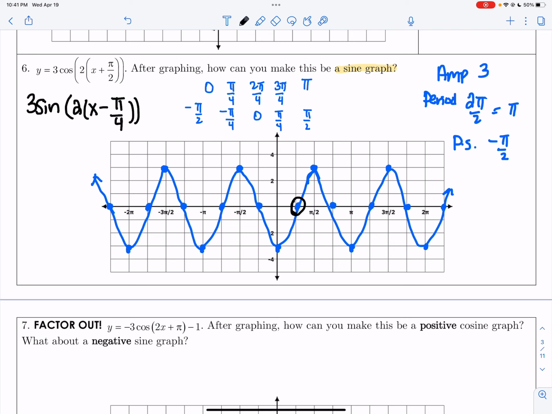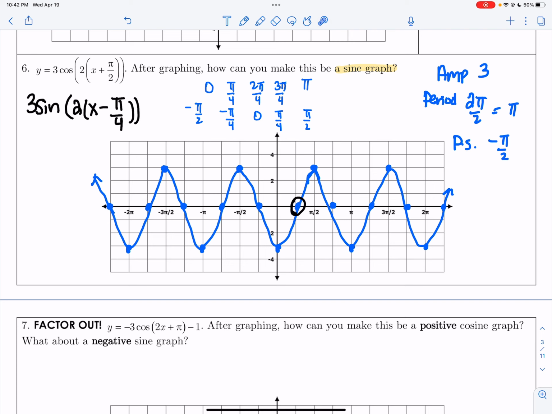Now, I can also ask you other questions, such as, how can I make this to be a negative cosine graph? Or how can I make this a negative sine graph? So just depending on what the question is asking, you want to make sure that you answer it based off of what it says. So the reason why I really like this unit is because there are a lot of different representations going on.